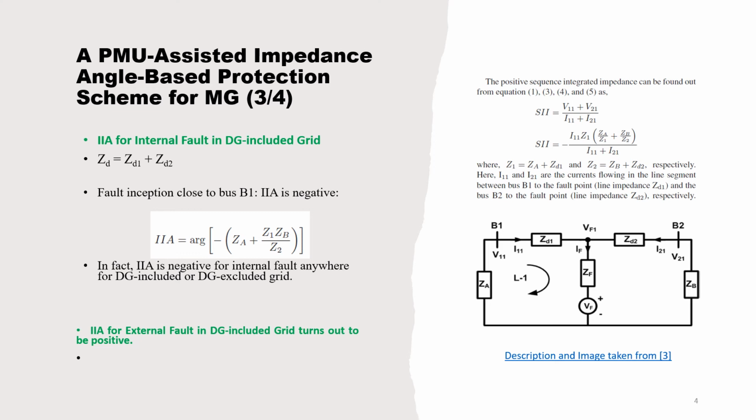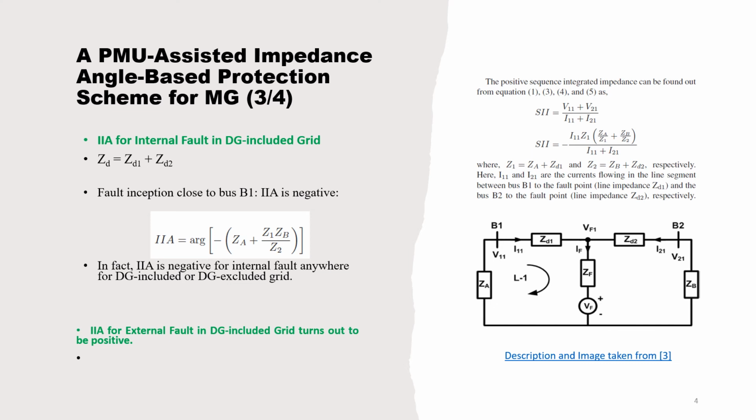Z1 is equal to ZA plus ZD1, and Z2 is ZB plus ZD2 respectively. If we examine these impedances, they will always stay positive, and therefore the IIA, or impedance angle, will be negative for an internal fault. I have shown this equation for fault inception close to B1.